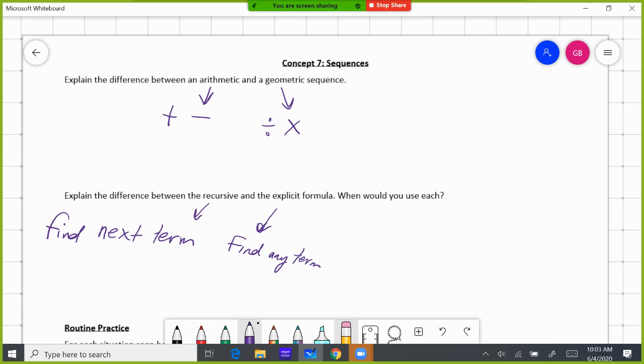I'm actually going to write out the formulas just so we remember what they are. First I'll write the arithmetic formulas. And then first I'll write the recursive.